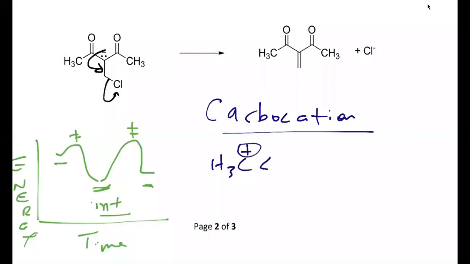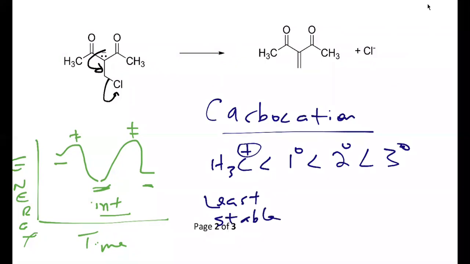And then we'll go primary, secondary, and then tertiary. This is the least. And then this is the most. Right? Methyl is the least, followed by primary, secondary, and then tertiary. So good, that's a good answer. I appreciate that. You're absolutely right.